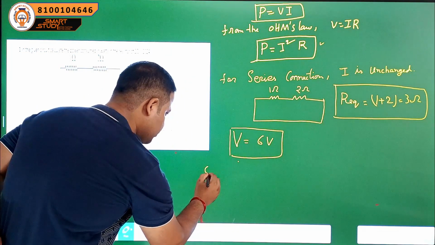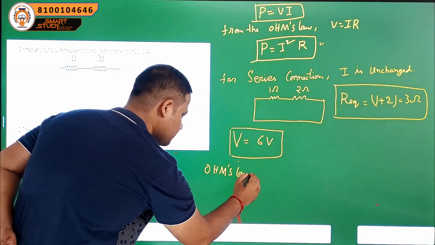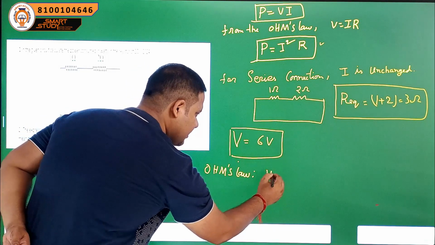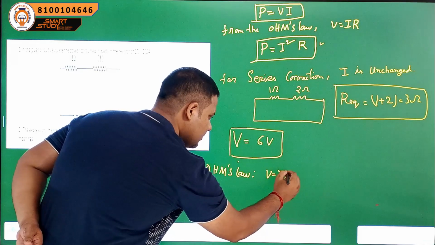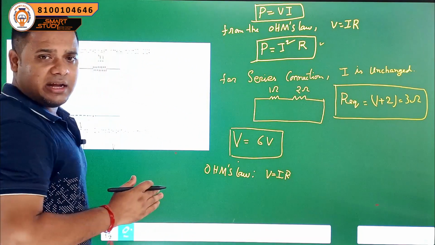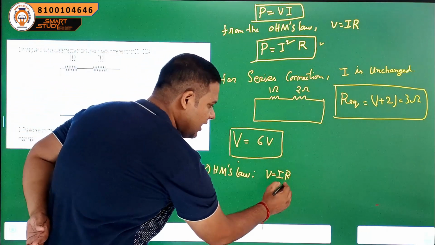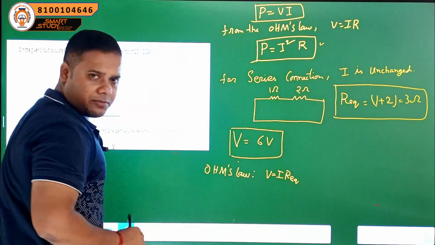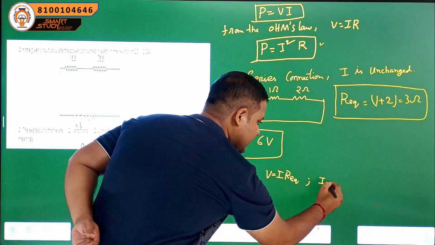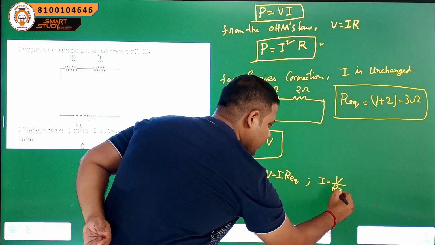From Ohm's law we know that V equal to IR. As we are trying to find the current for the whole circuit, instead of R we denote the resistance as R equivalent. We can write I equal to V by R equivalent.